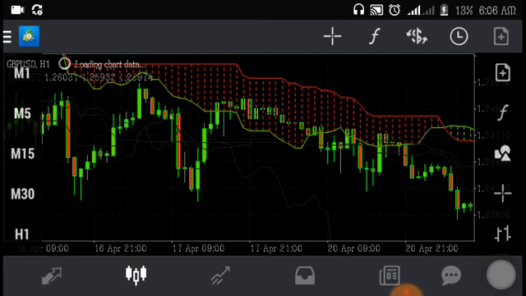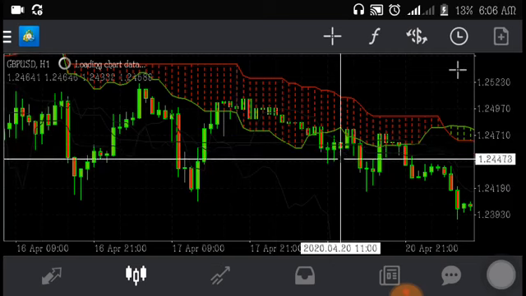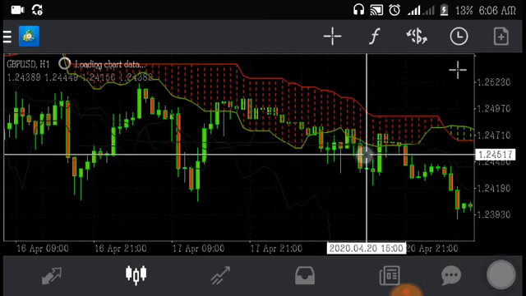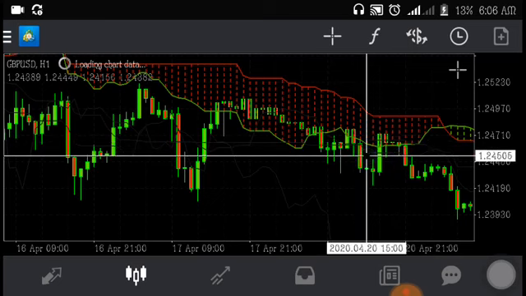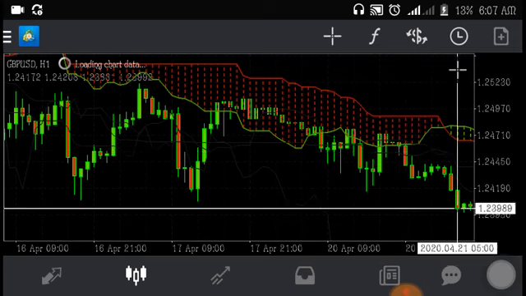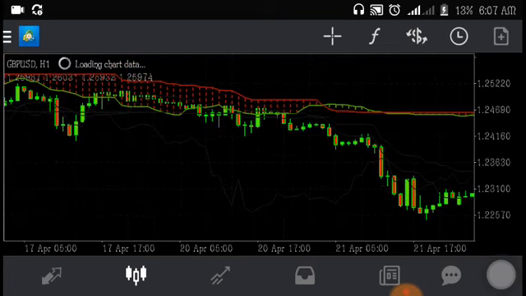So let's calculate this. Using a phone for backtesting is a job, seriously, it's a very big job. So we entered the trade there about 24.54, then the trade moved to 23.98. Let's see if it went forward to, oh my god, that was beautiful.